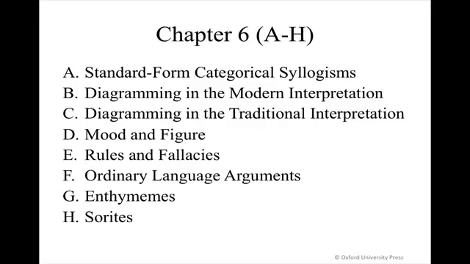And the rules of the syllogism is a second method whereby we can test an argument for validity. So the first method that we're learning is the Venn diagramming method. Within the Venn diagramming method, we learned the modern version, and today we'll look at the traditional or Aristotelian. Then we'll look at how we can use the rules of the syllogism to also test an argument for validity.